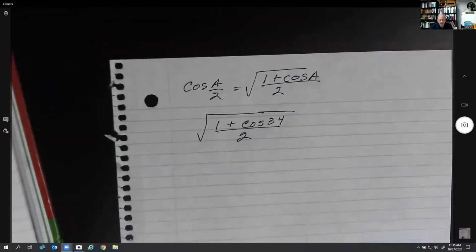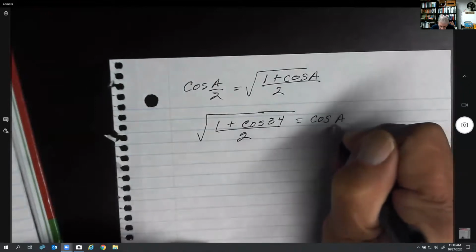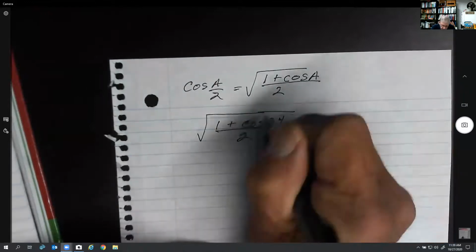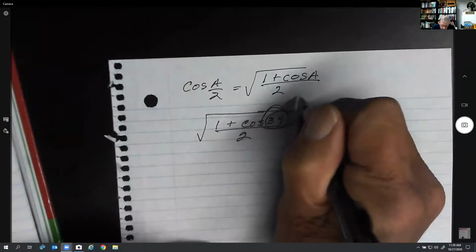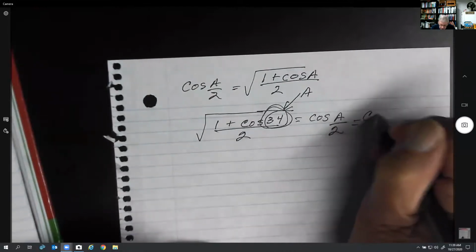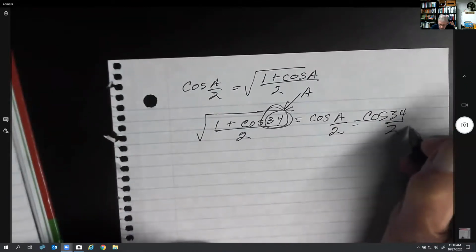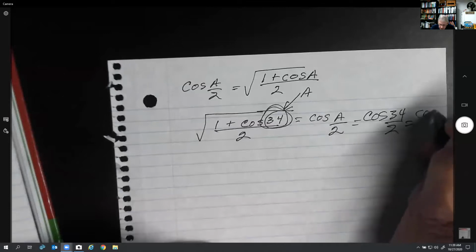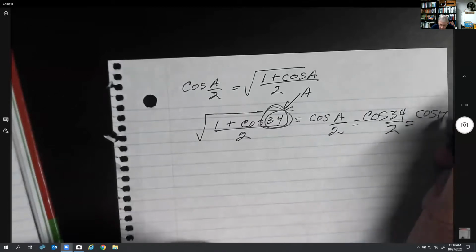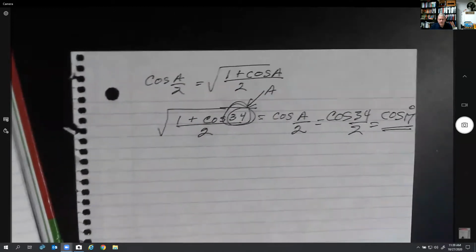We have that formula. So this is really the cosine of A over 2, and they're saying this 34 is A. So this is really the cosine of 34 over 2, which is the cosine of 17 degrees. And that's all there is to that problem.